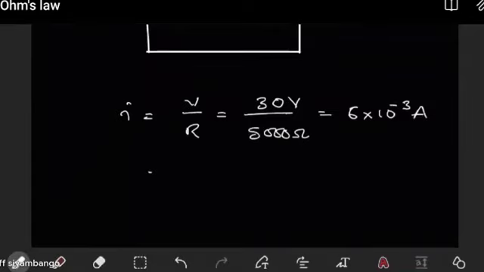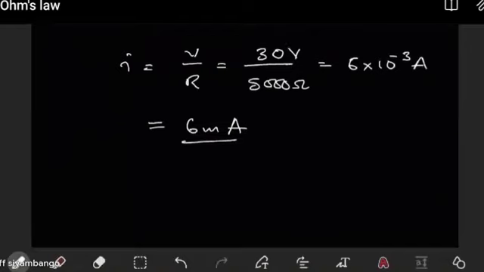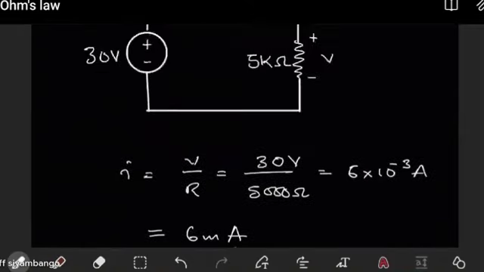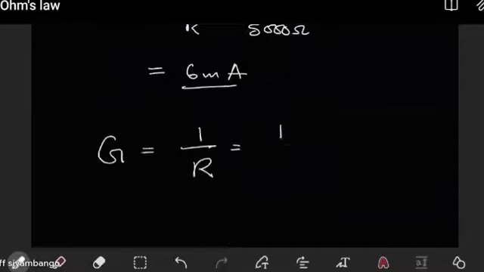So after you get the current, you can now move on to look at the conductance. So what is conductance? Conductance, remember, is 1 over R. So in this case, what is our R? Our R is this, 5 kilo ohms. So we can now say this is 1 over, but we can't say just 5 kilo there.